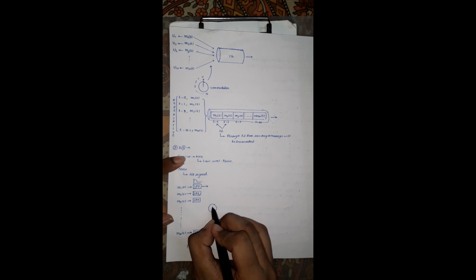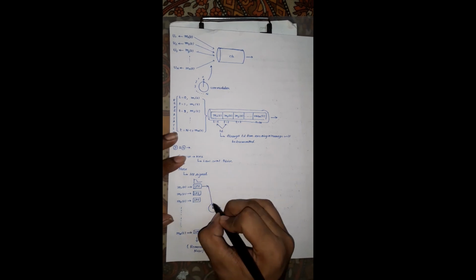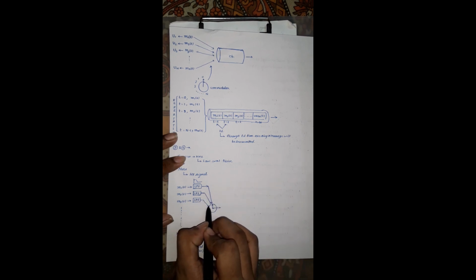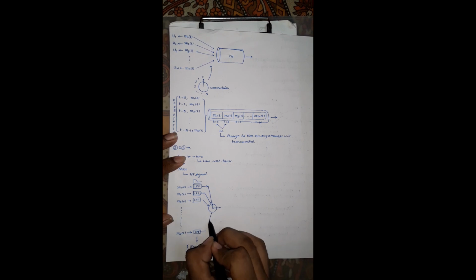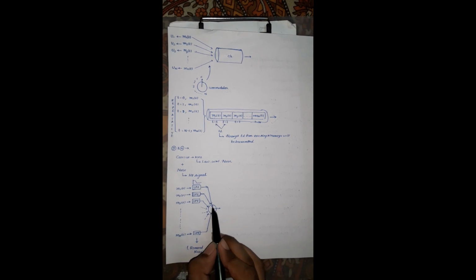That is the commutator. Okay, this is the commutator. What is the commutator going to do? Commutator is allowing all the message signals alternately, that you can see over here. Basically it is selecting the message signals alternately. As you can see, there is a clock hand, just like a clock hand.